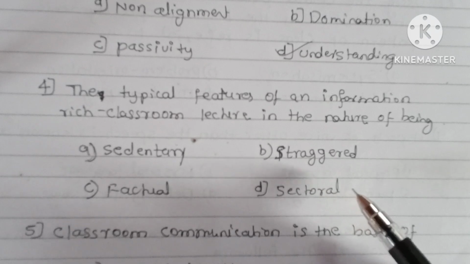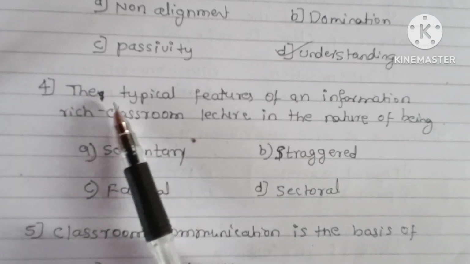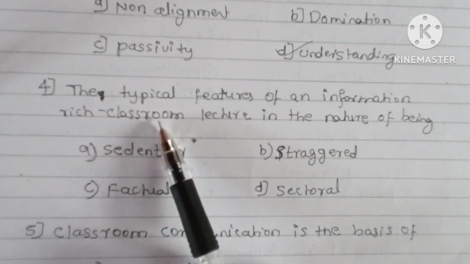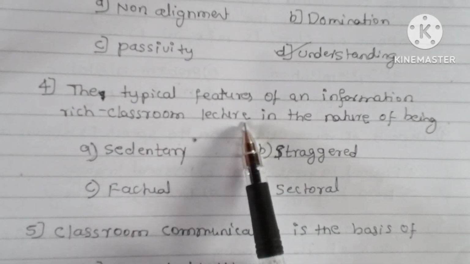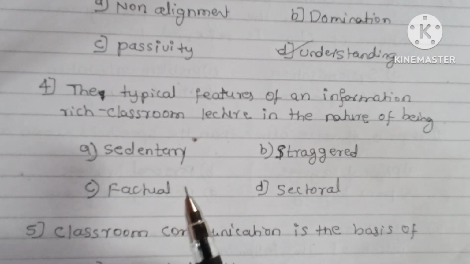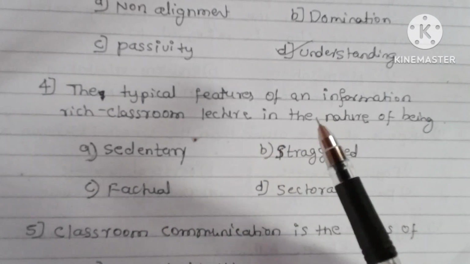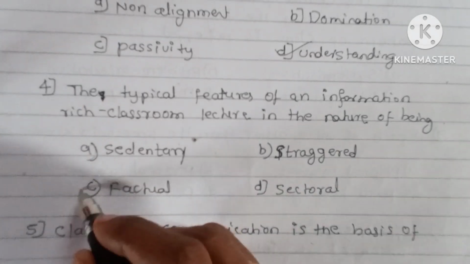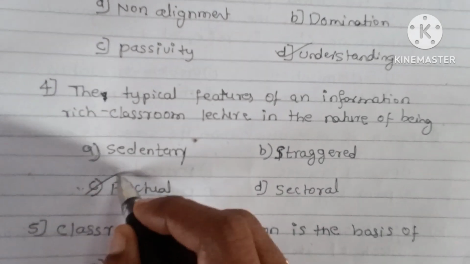It means it is section wise. So the typical feature of an information rich classroom lecture is that the nature is factual. Factual means all the typical features of information, which is more effective for communication. So option C is the right answer.